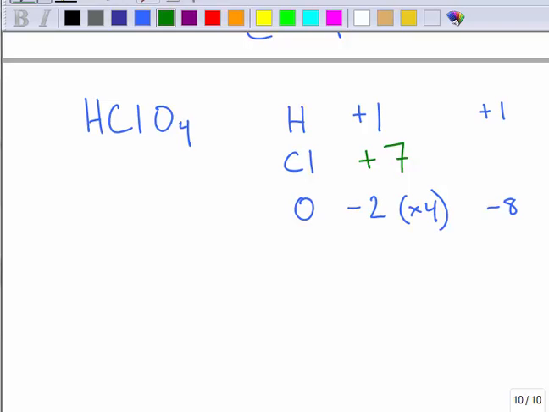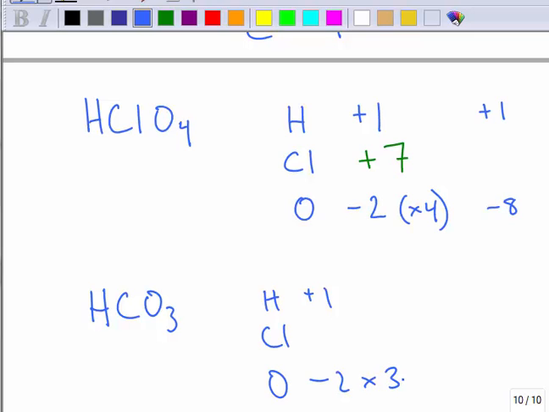On the other hand, if instead of perchloric acid we had chloric acid, once again our hydrogen is +1, our oxygens are still -2, but there are only 3 of them.